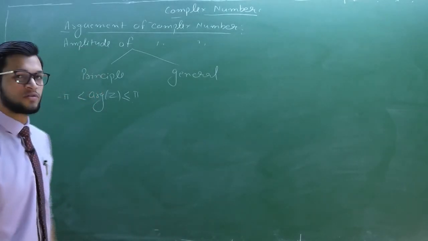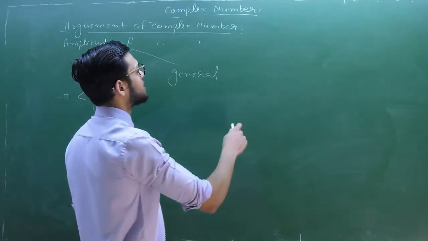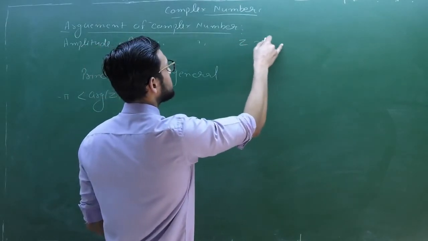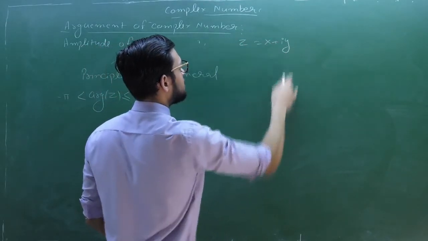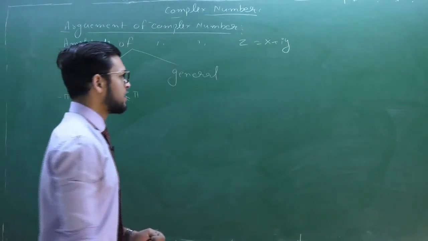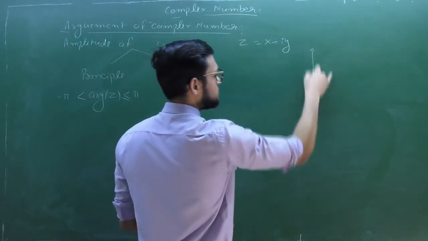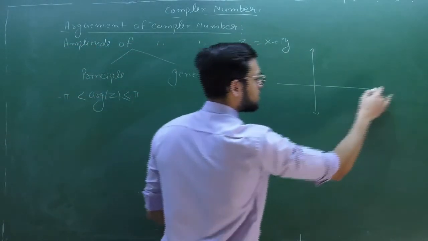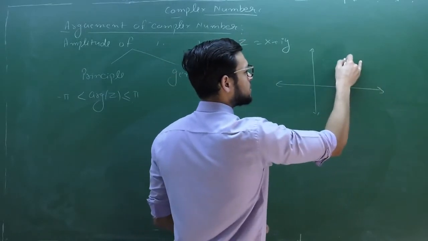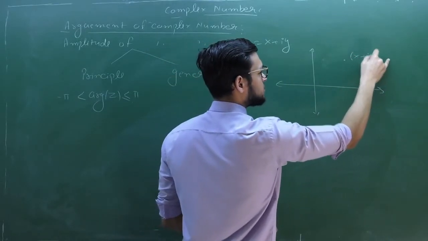Now suppose we have a complex number z which is x plus iota y. If you mark this complex number in the Argand plane, we have this point as x plus iota y.